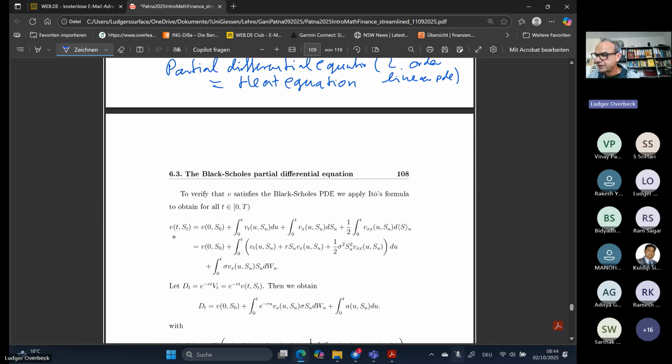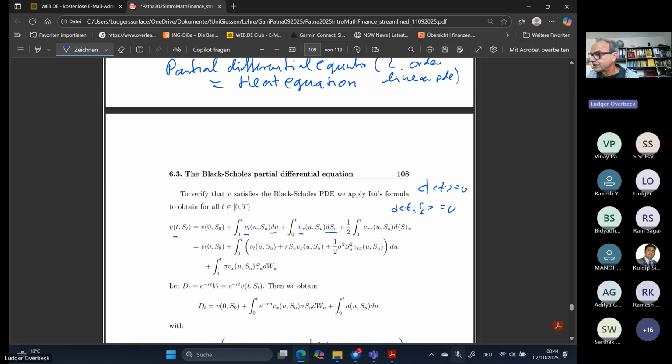So what happens with this entry? That's of course a very strange stochastic process. It has quadratic variation 0. So we only need the first derivative with respect to du. Then we take the derivative with respect to the second one, dS_u. Then we take the mixed one, and we take the quadratic variation. The quadratic variation of t and S_t is of course 0, and the quadratic variation of t is also 0, because they are all finite variation.